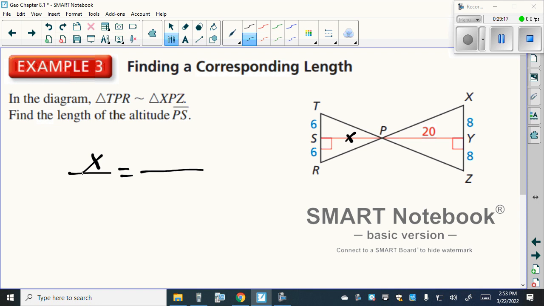And what would its corresponding side length be? 20, because we'd have x over 20 is equal to what over what? 6 over 8. Now what do we do? Multiply both sides by 20 because we want to get the variable by itself.